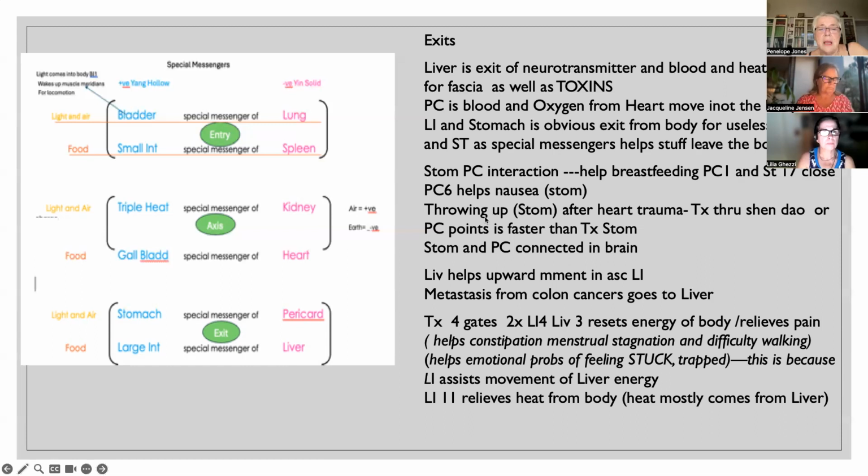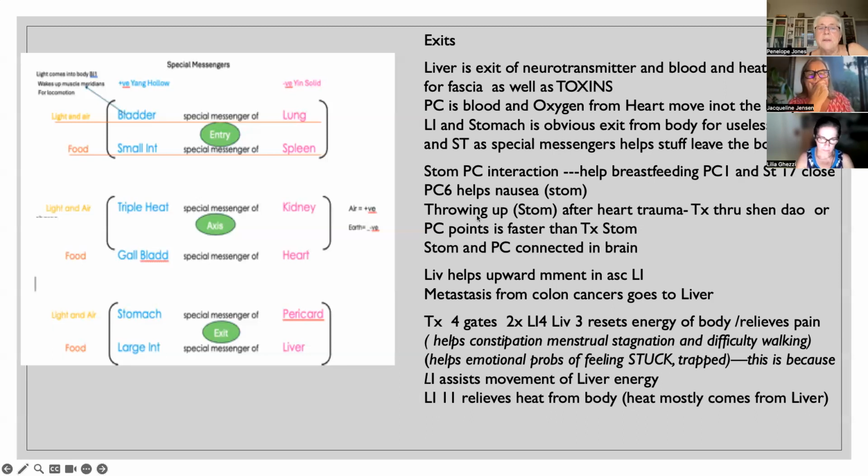Okay. If you're throwing up after a heart trauma, like if you get a broken heart and it's affected you so deeply that you're throwing up, you can't just treat the stomach. You need to treat Shen Dao as well.